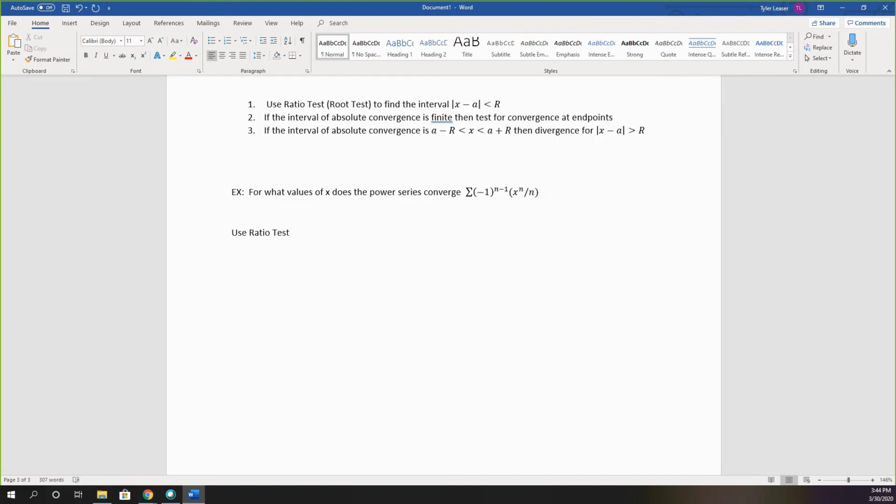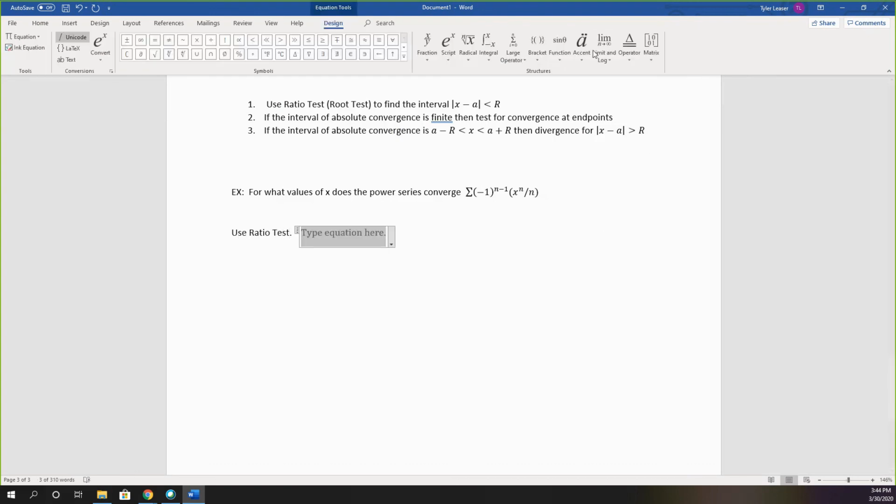Remember that the ratio test is that we want to look at the limit as n goes to infinity of that weird absolute value. It's the absolute value of the n plus 1 term divided by the absolute value of the nth term.